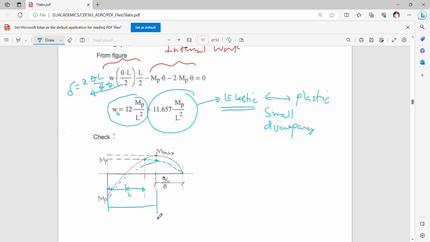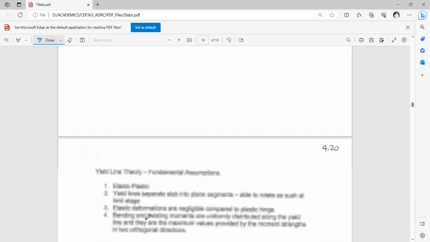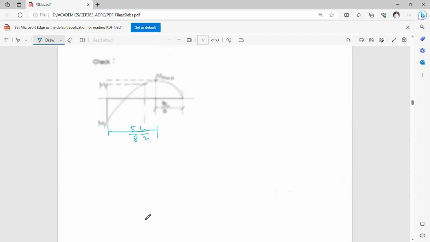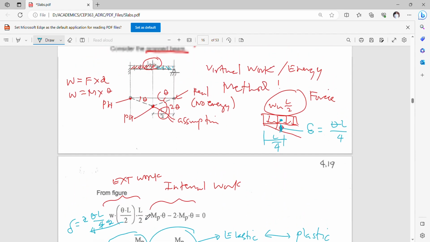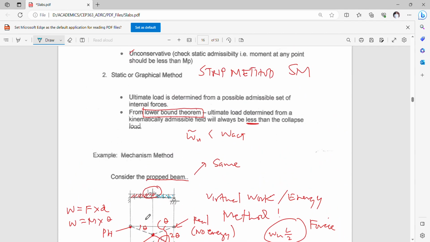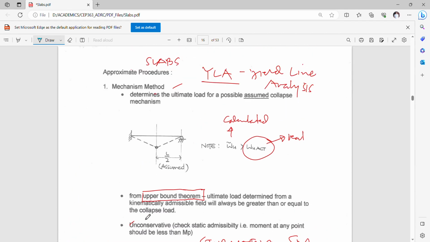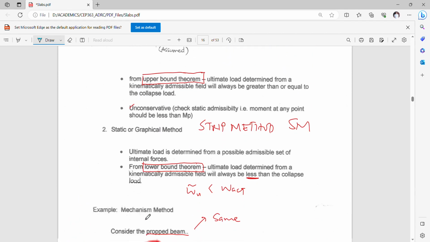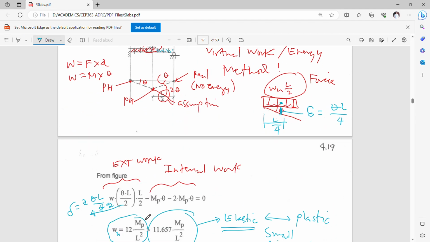So this is 5 over 8 L. Okay, so that is the comparison between the two methods, the graphical and the mechanism method. Also, this pertains to the mechanism method.